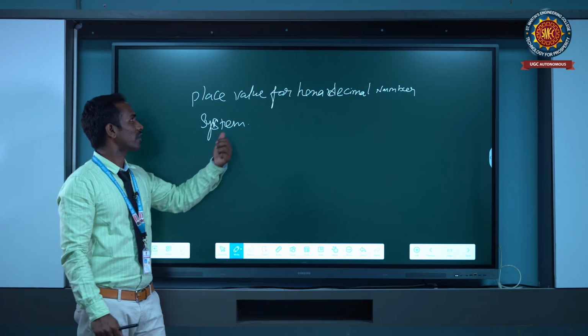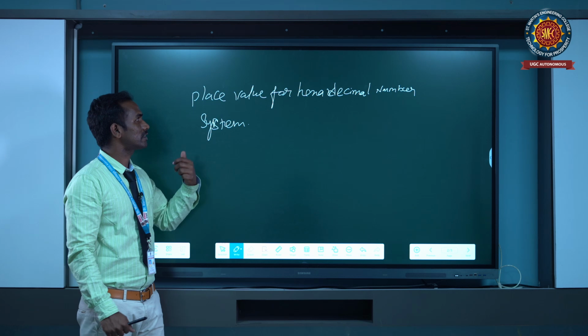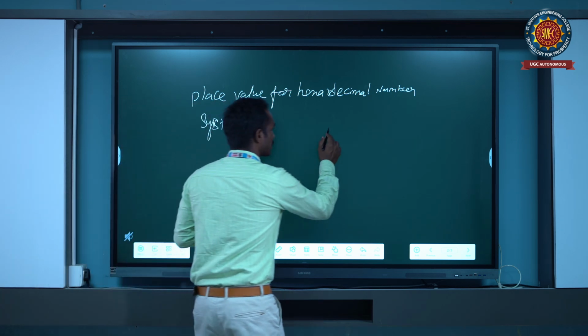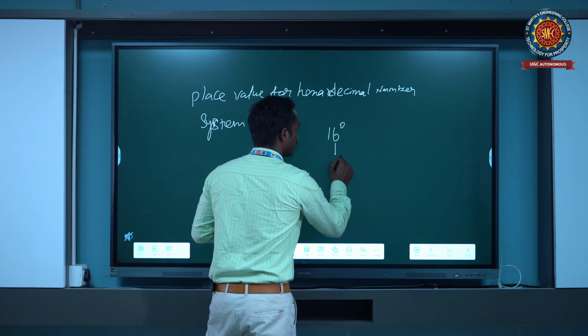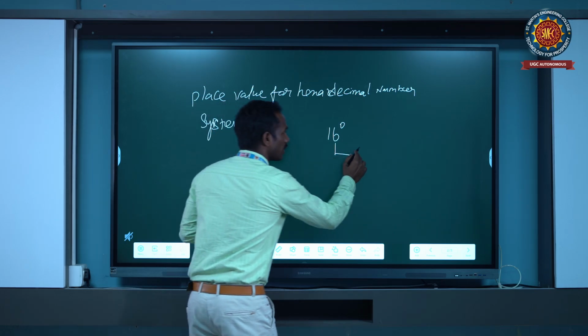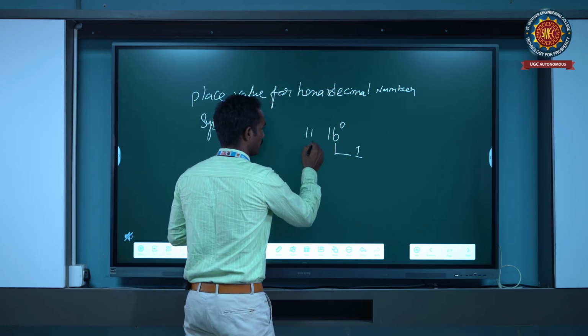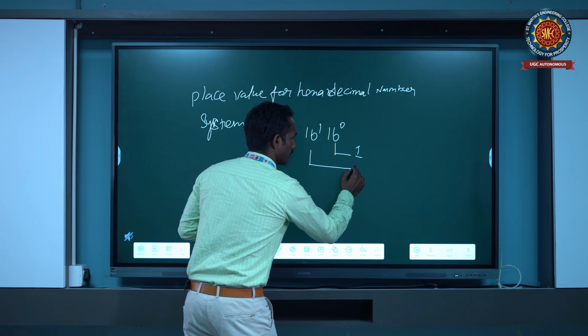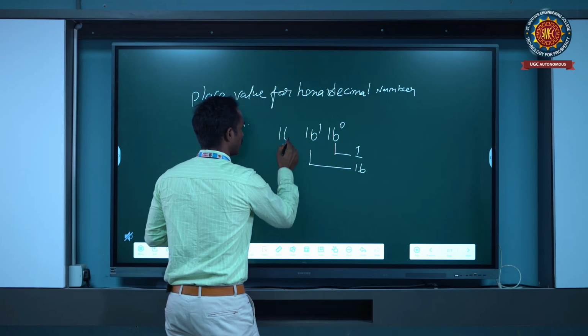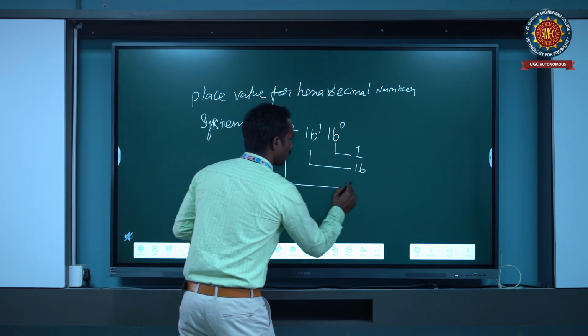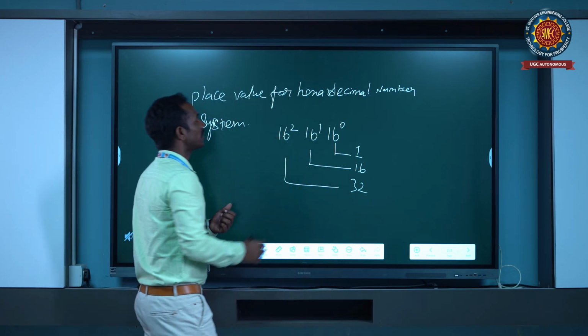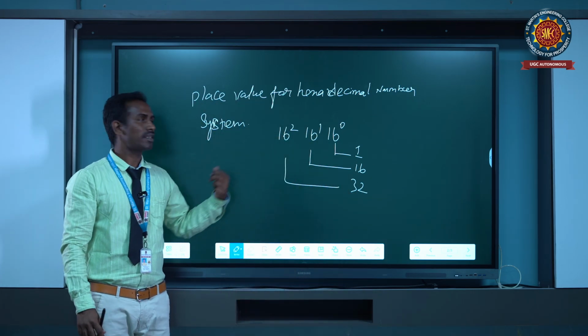What is the base value for the hexadecimal number system? That is 16. How to write that? 16 power 0, anything power 0 is 1 only. 16 power 1 is 16. 16 power 2 is 32. Like that we can write it for the hexadecimal number system.